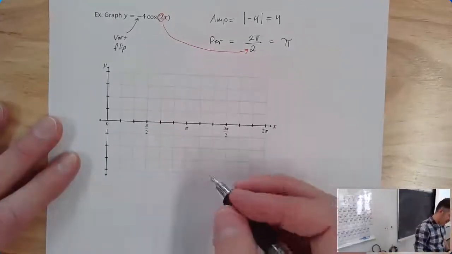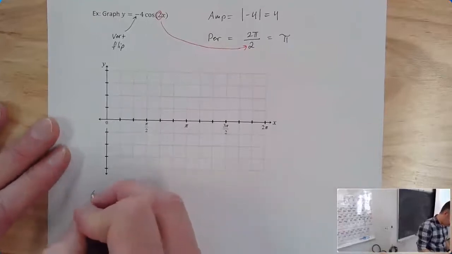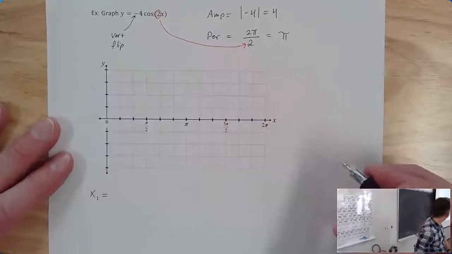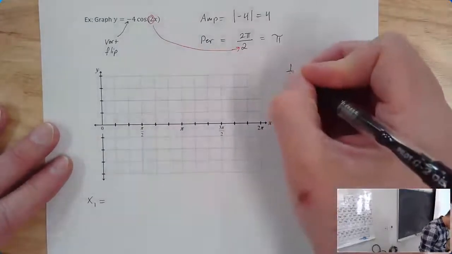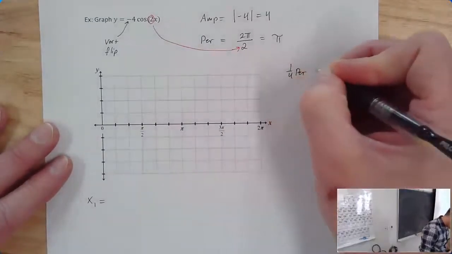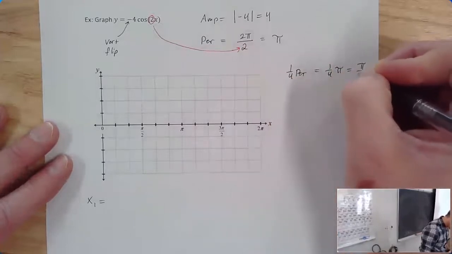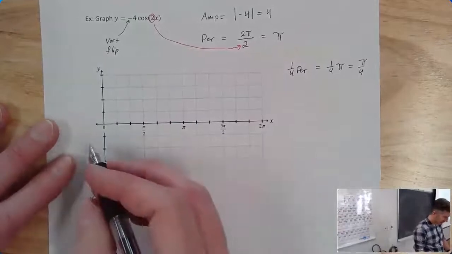All right, let's find our important values. So our first value is going to be, oh, I didn't find a quarter of my period. 1/4 of my period is equal to 1/4 times pi, which is just pi over 4. My first spot is still going to be 0.